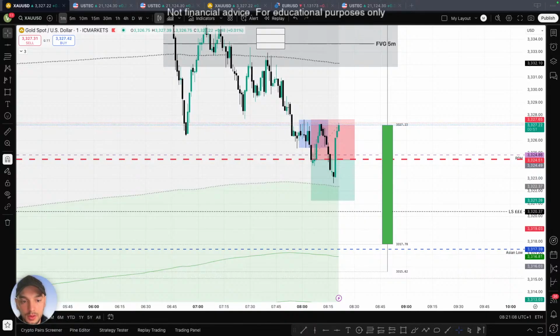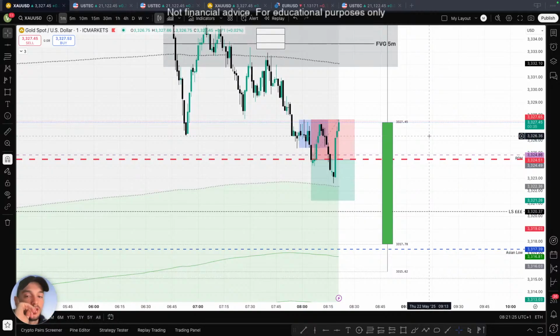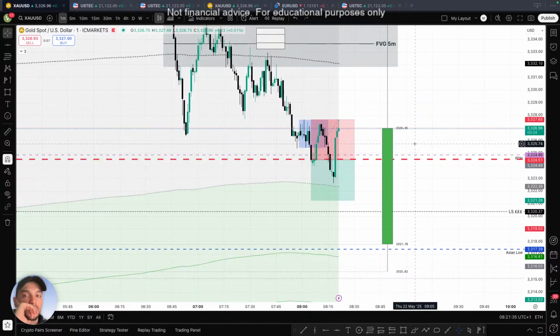Let me see what happened with gold. Yeah, gold almost went to the... If we didn't move to break even, so this is why it's important to do your back tests. Because in our back tests, we noticed that if you move to break even at 0.5, you actually save yourself a couple of minus R's.